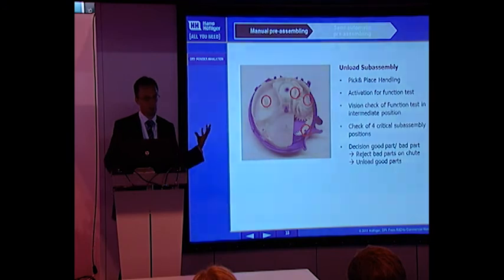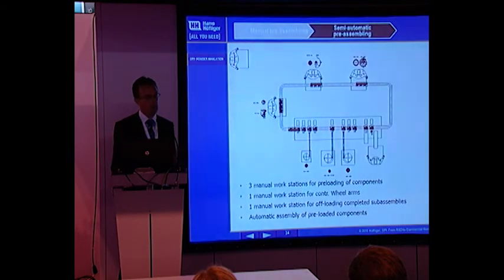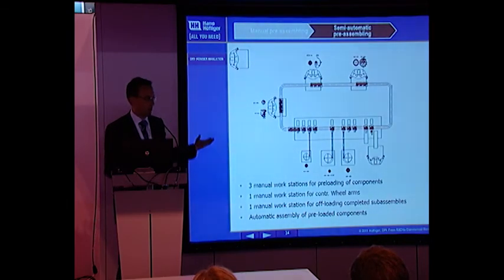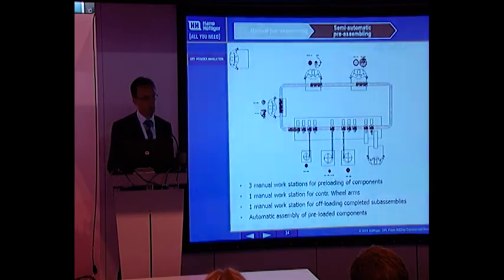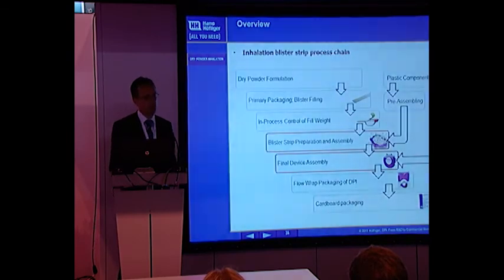So there will be a learning curve in every company who tries to copy this type of device. And you can then go also for semi-automatic assembly, and a concept you see here is with 5 people working on one machine, doing some parts manually assembled, while some small parts in the device will be automatically assembled.